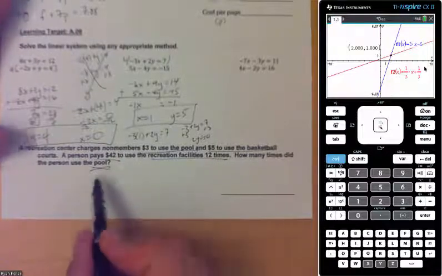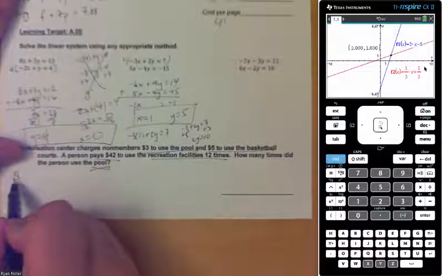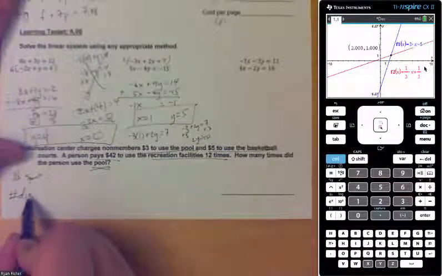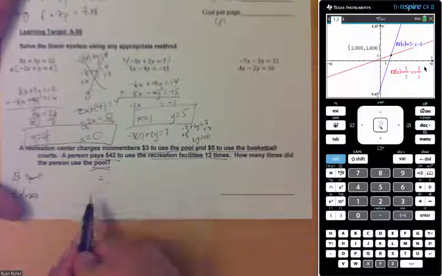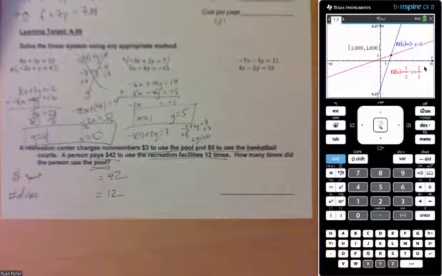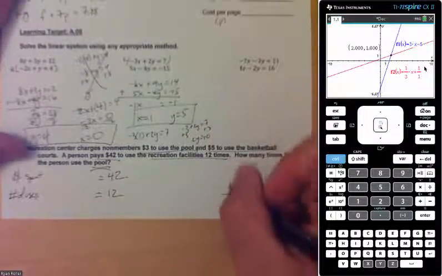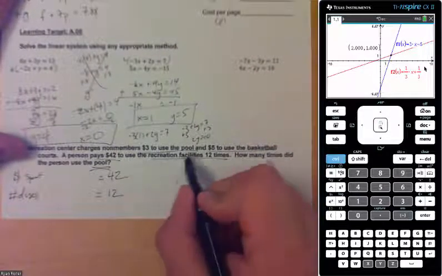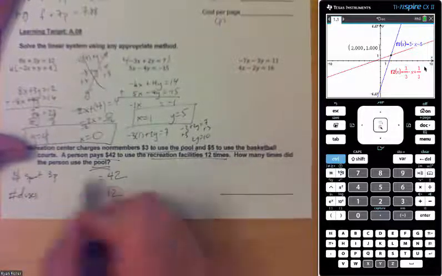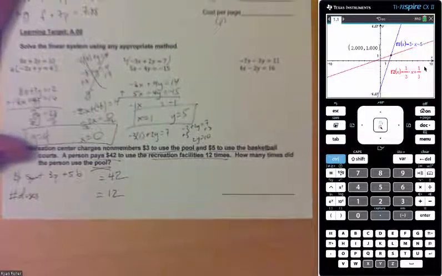So I think what I know is the money that's been spent and the number of uses are the things I can relate, because I know that the total money spent is $42. I know the total times used is 12. To that end, if I say P is the pool usage, then I know that it costs me $3 every time I use the pool, and it costs me $5 every time I use the basketball courts.